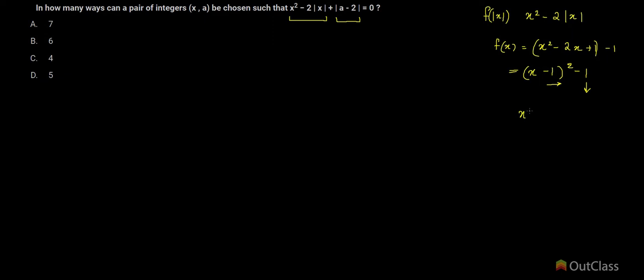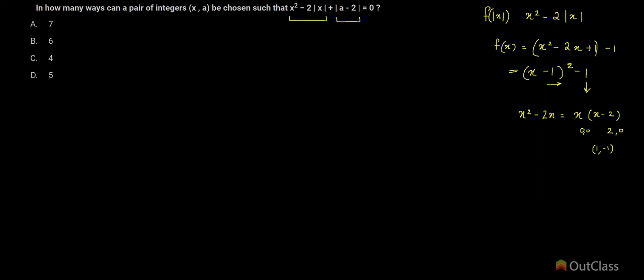Another way to do that would be to simply say x² − 2x is nothing but x(x − 2). So you have roots at 0 and 2, and so the lowest point will be at x = 1. So it passes through (0, 0), it passes through (2, 0), and then its lowest point is at x = 1. The corresponding y value can be obtained by substituting 1 here and here, and you will get (1, −1).